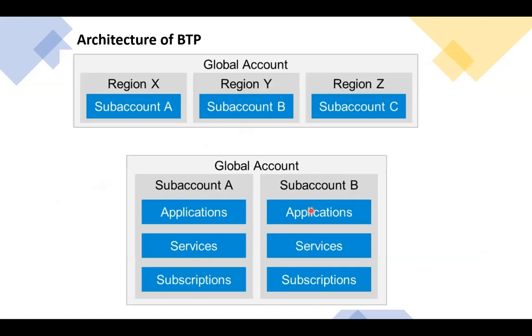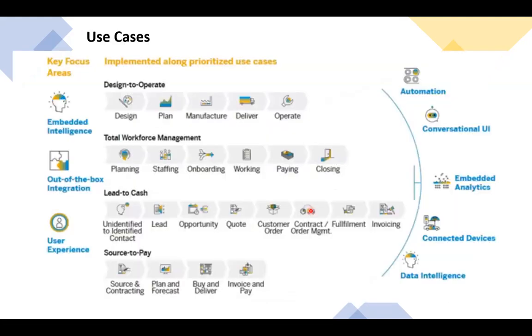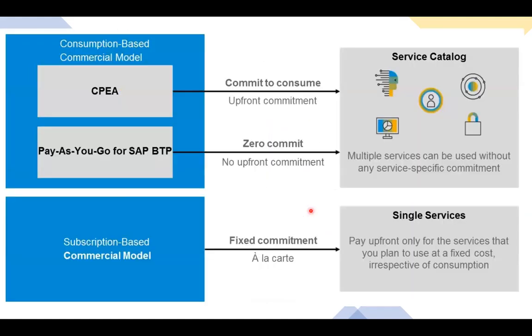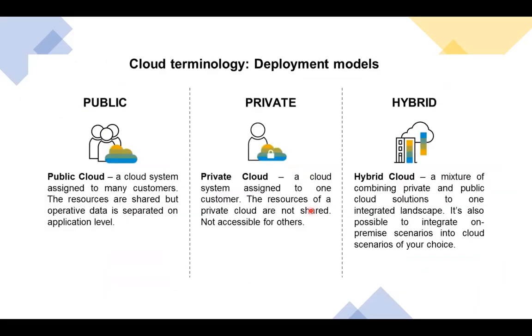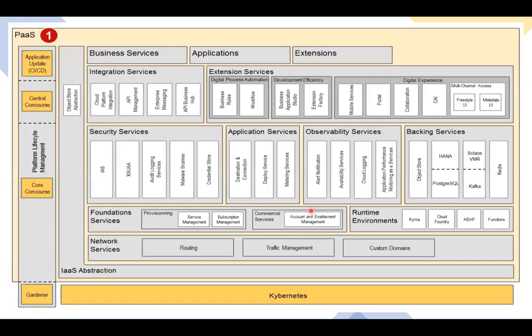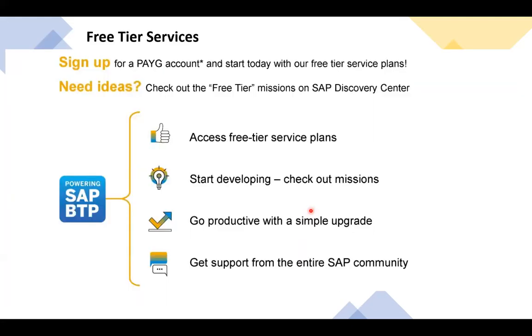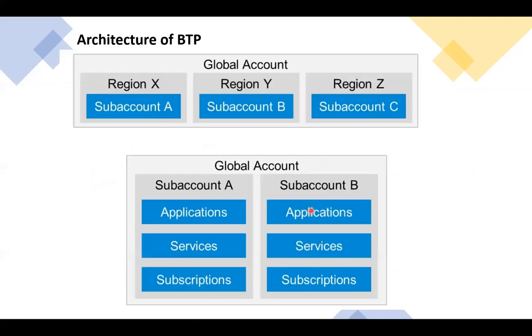Okay, that's it for our recap: the introduction, terminology, the BTP architecture, IT stacks, definitions, all these are up to that place. Now we are into the real BTP architecture.